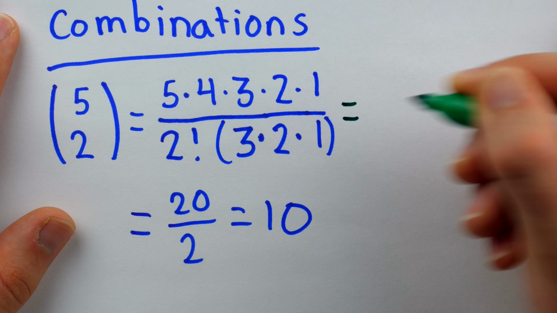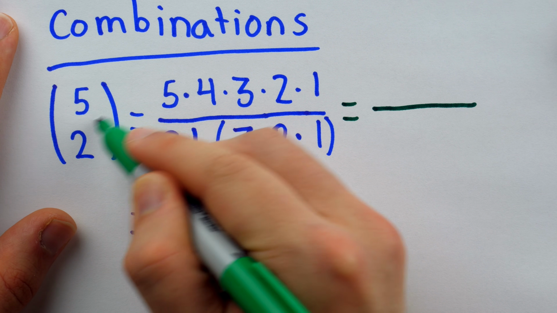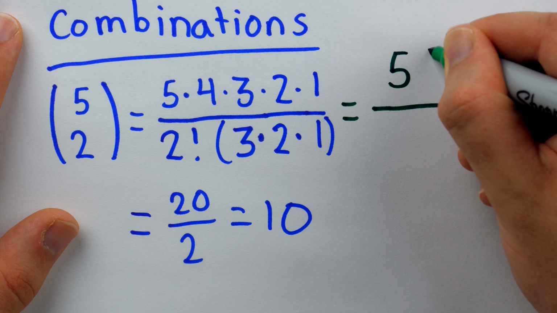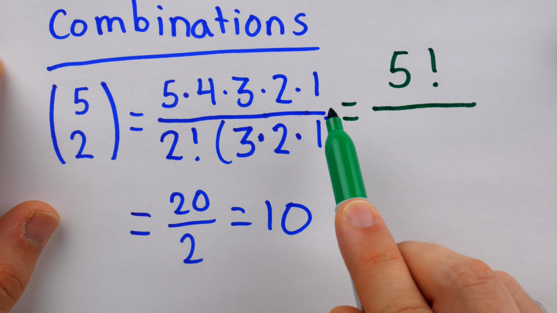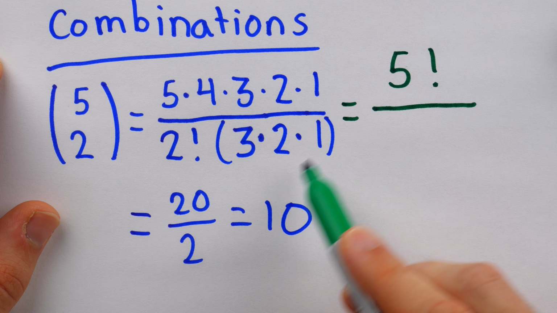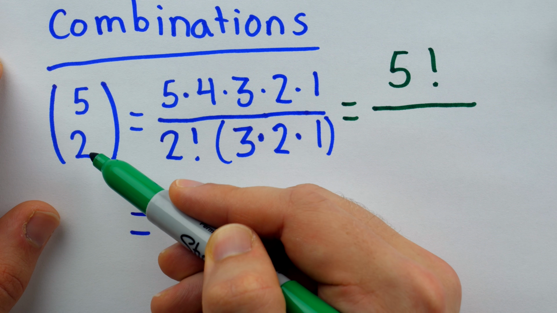In the numerator, we have the total number of ways to order the objects in our collection. Our collection has 5 objects, and so there are 5 factorial ways to order all of those objects. Now, in the denominator, notice we have 3 times 2 times 1, which is 3 factorial. 3 comes from 5 minus 2.